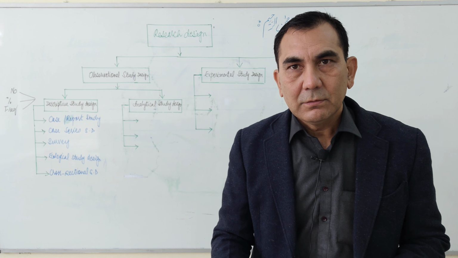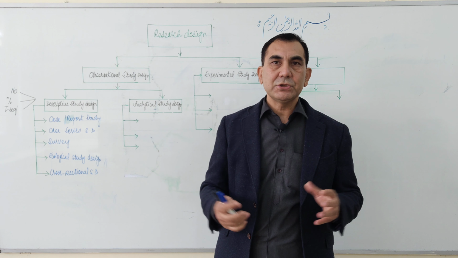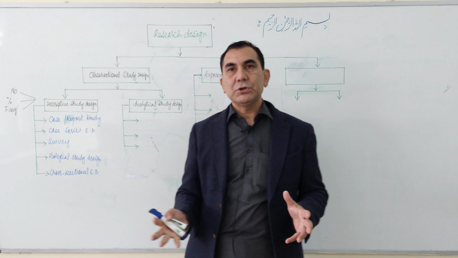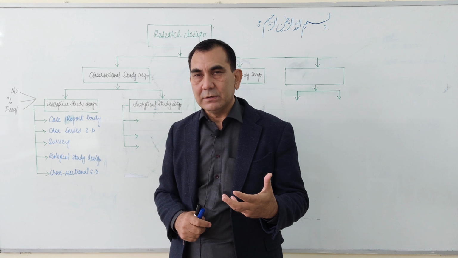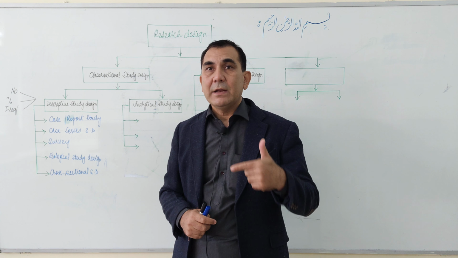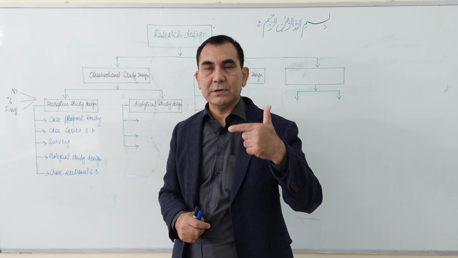Now the second type of observational study design, which is conducted in the natural setting, is called the analytical study design. The analytical study design is the type of observational study design in which the researcher conducts the study and collects the information, organizes and summarizes it, but in this research design he proves his hypothesis or research question.